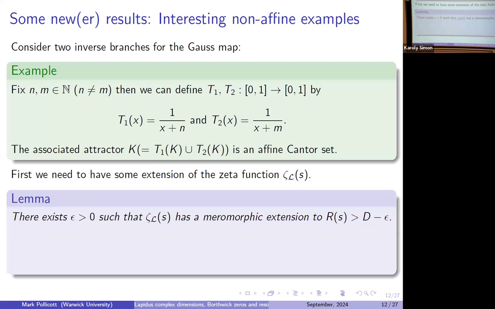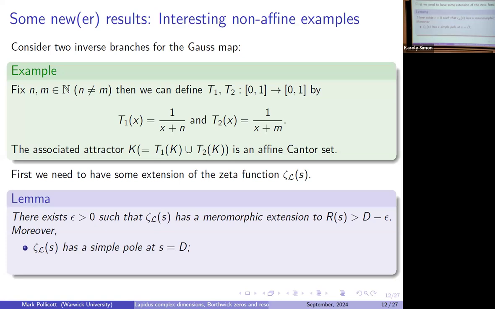So in this example, like in all these examples, it's going to converge to the right of some line, the real part of s equal to D, which is the dimension, and it has an extension past that line to some width, which you can actually work out. This width I've just called epsilon. It doesn't have to be small, but it might be.